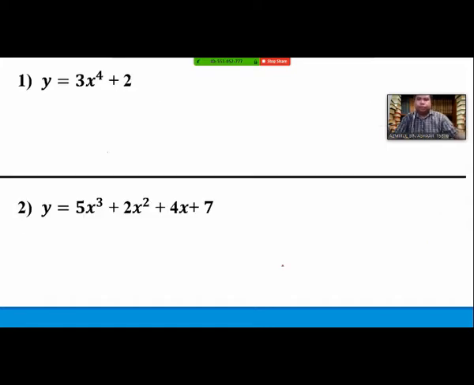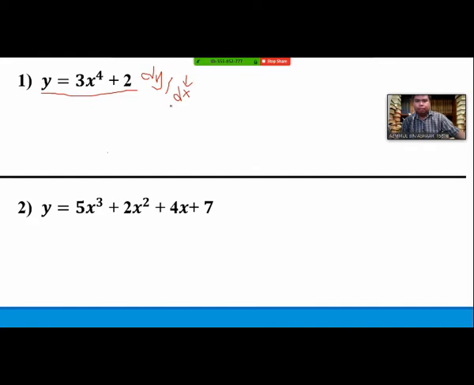Let's say the first equation. You have this one, which is y equal to 3x power of 4 plus 2. Okay, we want to differentiate dy per dx. When you want to differentiate dy per dx, it means that you want to differentiate with respect to the variable x. Okay, so in here you have an x, 3x power of 4, but in here you don't have an x, tak ada x.